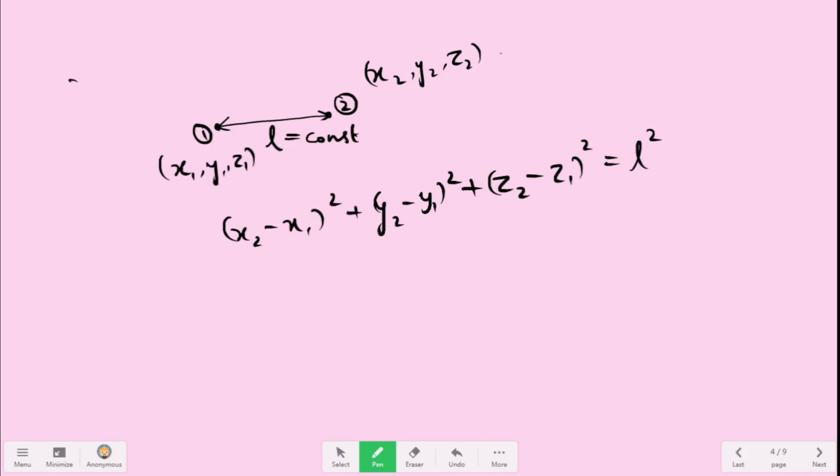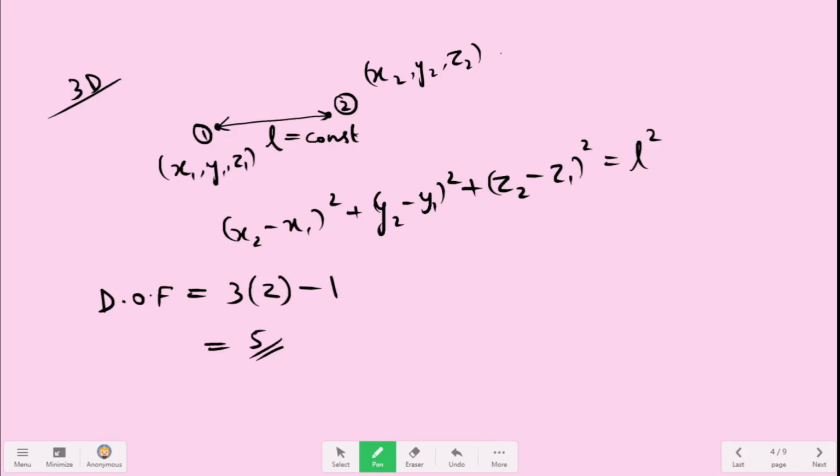Let's say this is in 3D, a rigid body of 2 particles in 3D. So degree of freedom is equal to 3, the dimension, times the number of particles, which is 2, minus the number of constraints, which is 1. So degree of freedom is equal to 5.